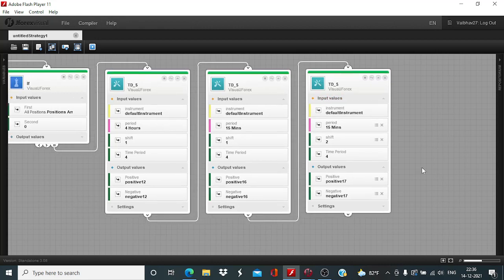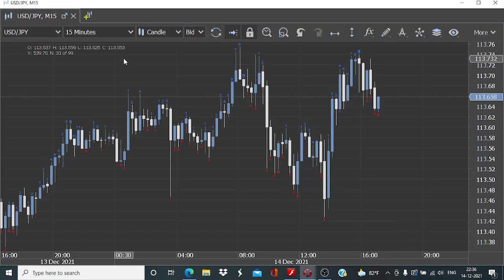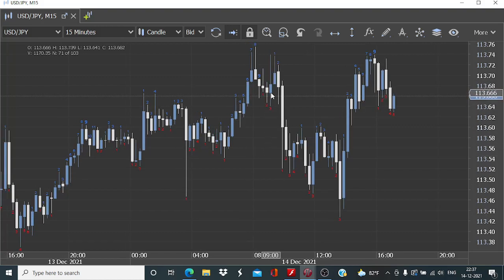And along with that, we will also need to take into consideration the price action data. So what we will do, we will add one more condition, that the last 15-minute candle should have closed in the positive territory. Its closing value will need to be higher than the opening price for the buy trade, and for sell trade we will reverse the condition. Its closing value should have been lower compared to its opening value.